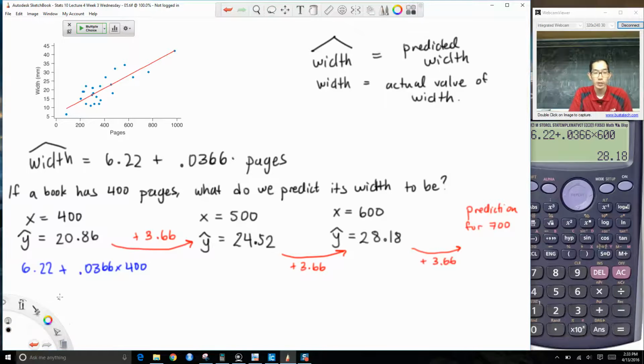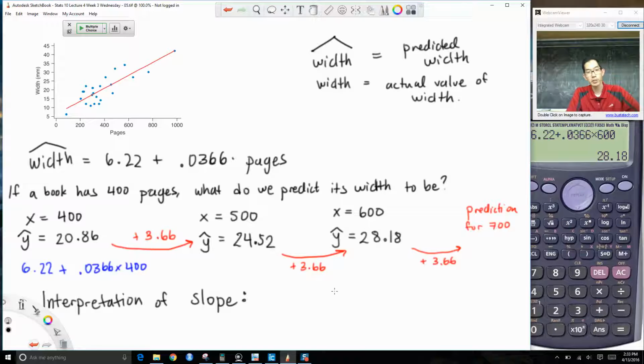Okay. So where is this 3.66 coming from? It's coming from the slope, right? So this gives us kind of a clue into the interpretation of the slope. I'm going to have to continue this on to the next slide here.